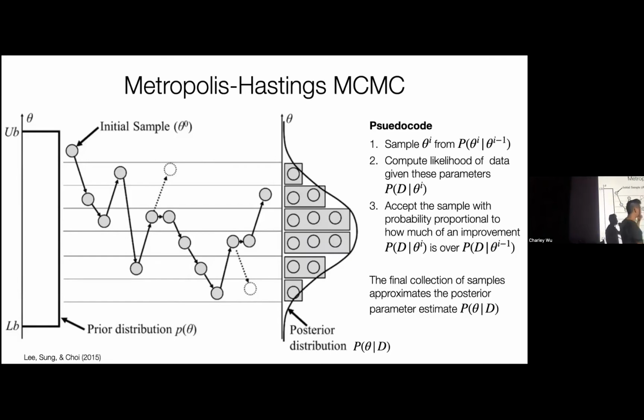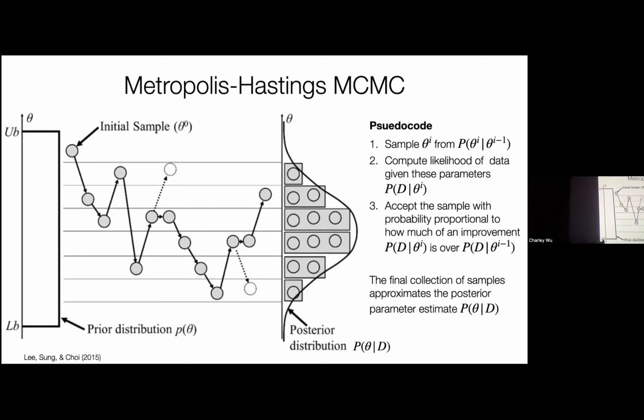Okay. What we then do is we compute the likelihood of data given these parameters, right? We have a likelihood function already. We plug this parameter into the likelihood function and estimate the likelihood. Good. Now, the first step we already have. We always construct the first sample. And for every other sample, we're going to sample from some transition distribution.